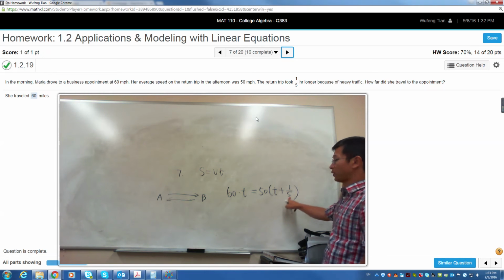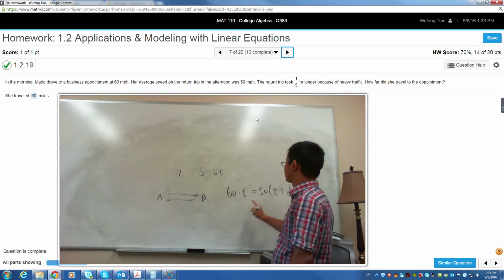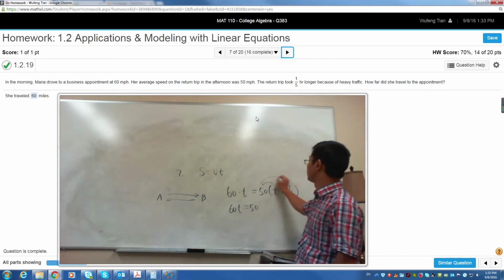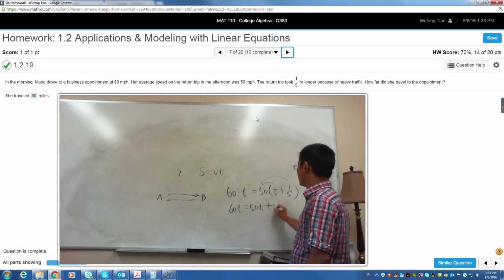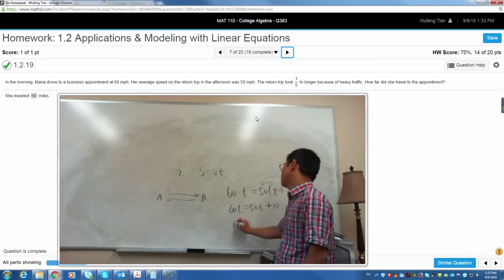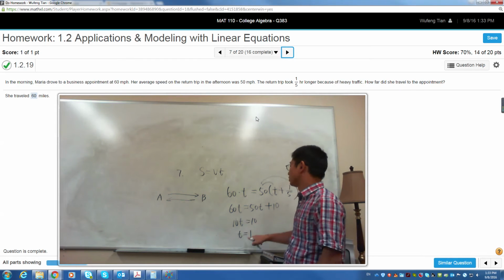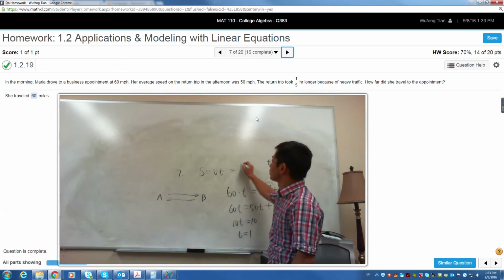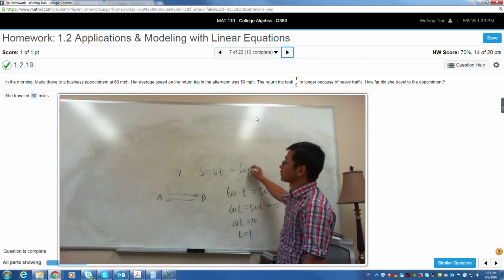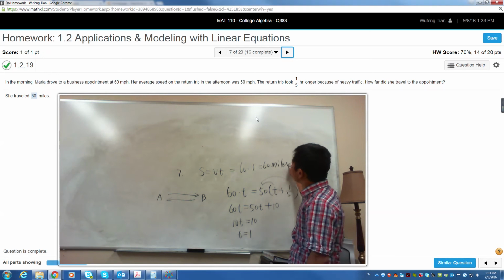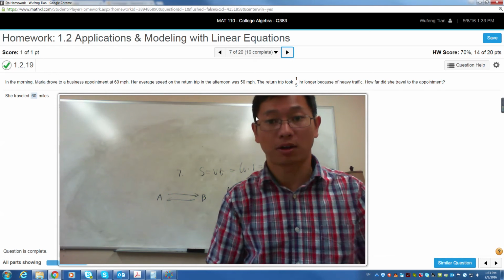Then solve for t. So 60t equals 50t plus 10, so you get 10t equals 10, and t equals 1 hour. So now the distance is 60 miles per hour times 1 hour, equals 60 miles. That's how you do this one.